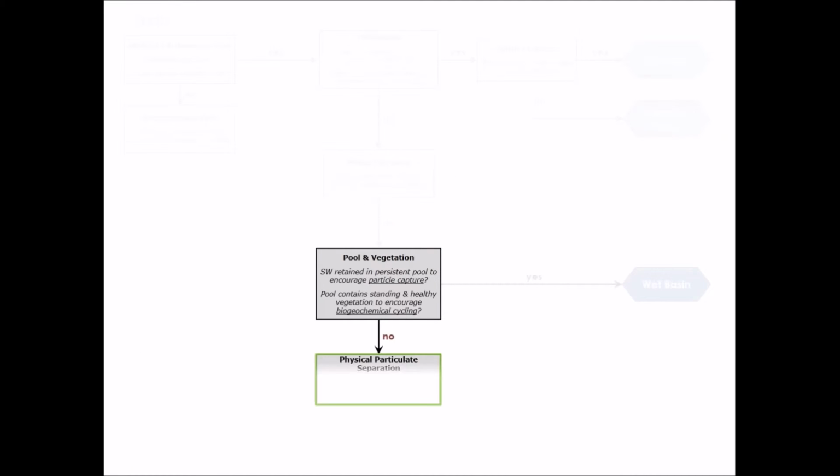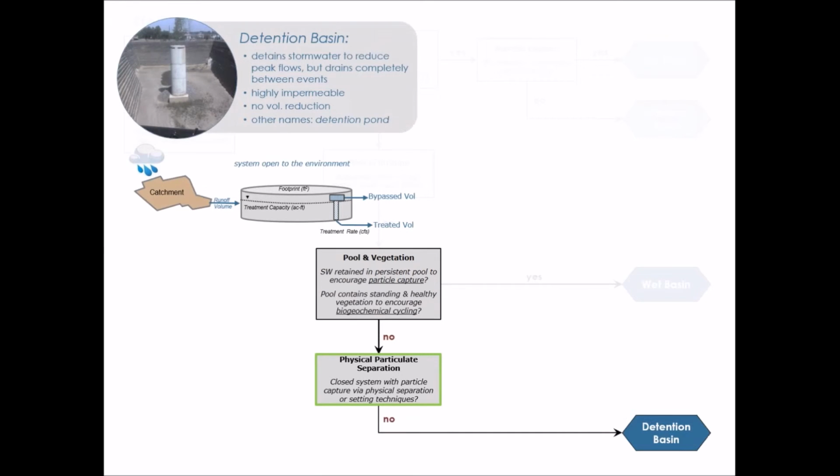The final question in the flowchart for classifying centralized BMPs asks if the BMP is a closed system and if it physically separates particulate pollutants by way of separation or settling techniques. BMPs that do not qualify under this question of physical particle separation or under the other questions we've been through regarding volume infiltration, particle filtration, and persistent ponding are most likely detention basins.